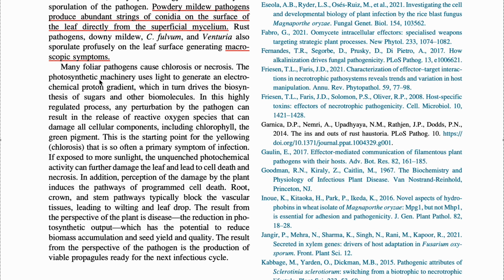Okay. Many foliar pathogens cause chlorosis and necrosis that we have already seen. The photosynthetic machinery uses light to generate an electrochemical proton gradient, which in turn drives the biosynthesis of sugar and other biomolecules.